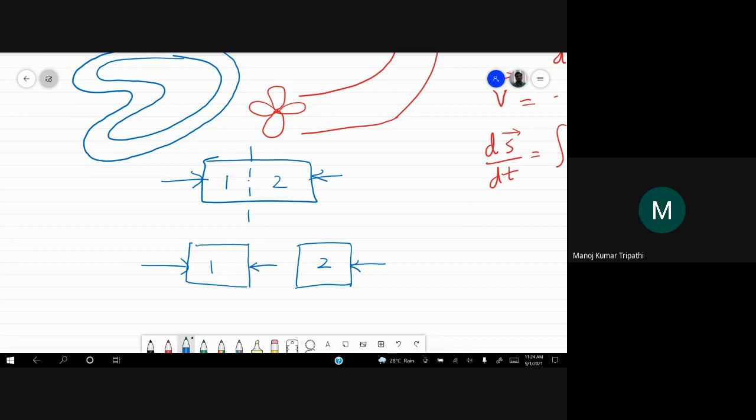So this is the force, and an equal and opposite force must be acting on the second piece, which is that one. So this is free body diagram, free body analysis. This gives us the force at this section. Let's say this is AB section. This is the same section AB. This is also the same section AB.